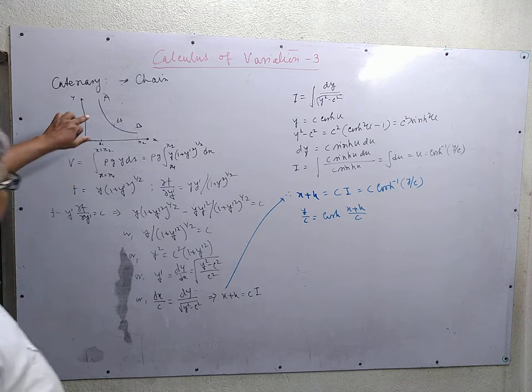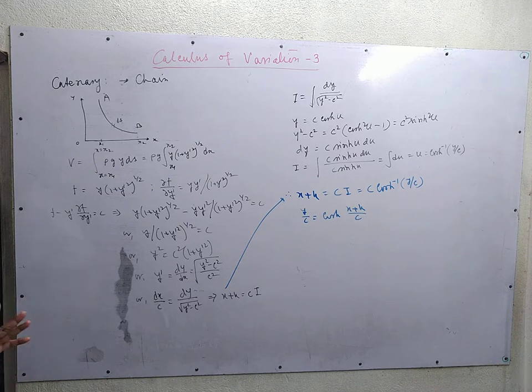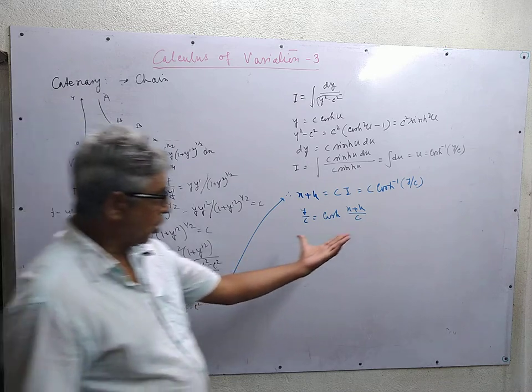This shape of the curve seems to be similar to the girder connected with a roadway bridge, but it is not that. The girder of a roadway bridge assumes the form of a parabola, while the catenary is of this sort.